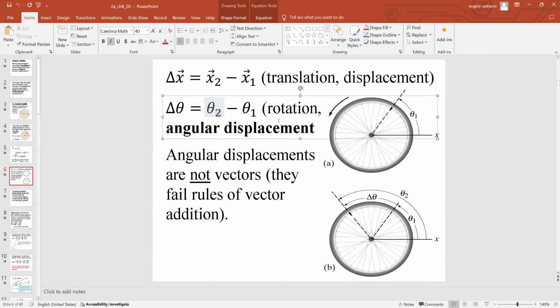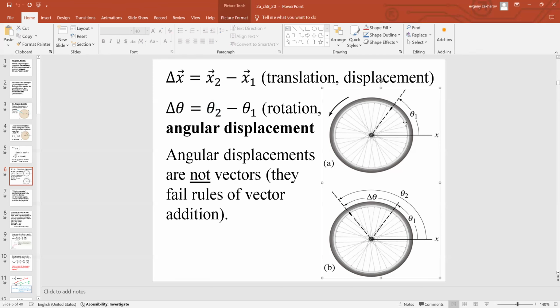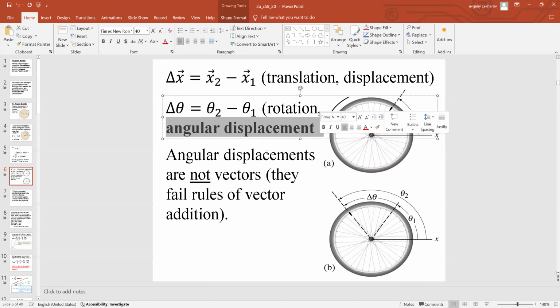You only have to keep in mind positive or negative direction, and clocks are negative by default, so clockwise motion would be negative motion, and counterclockwise that you see on this diagram is positive. So angular displacement is like your linear displacement, but with angular parameters in radians.